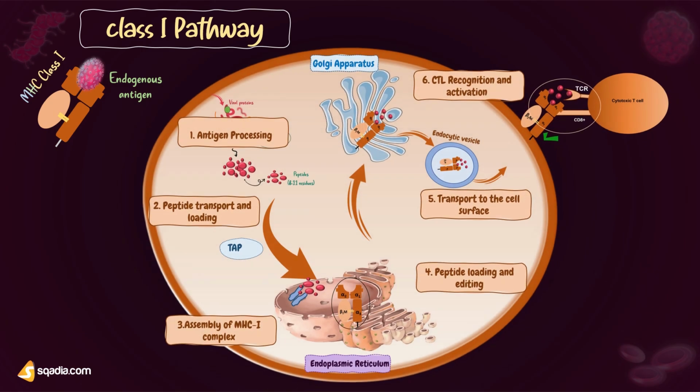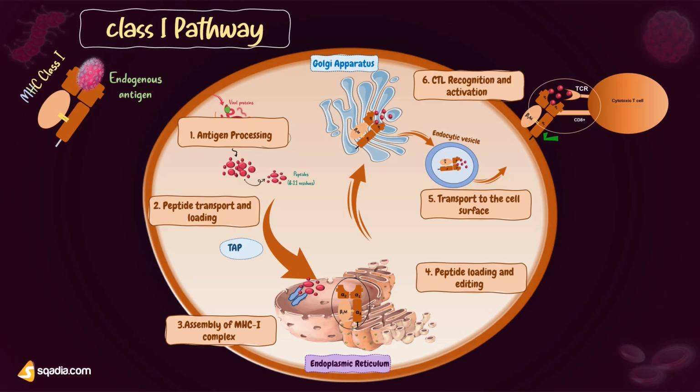The Class I pathway is adopted by MHC Class I molecules for endogenous antigens. And this pathway is essential for immune surveillance and defense against infected or abnormal cells.